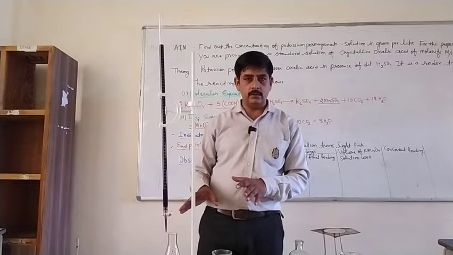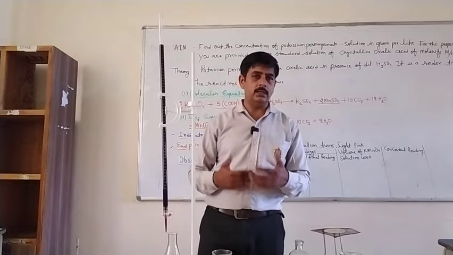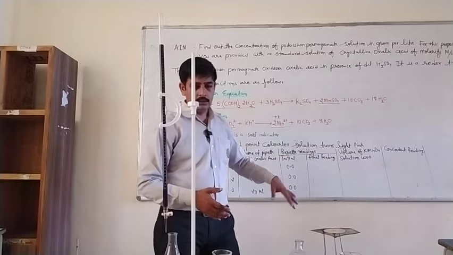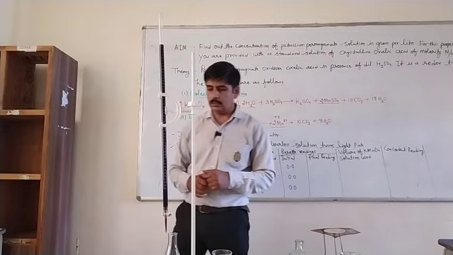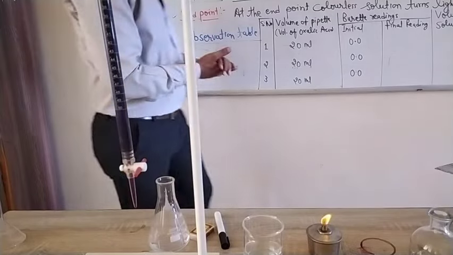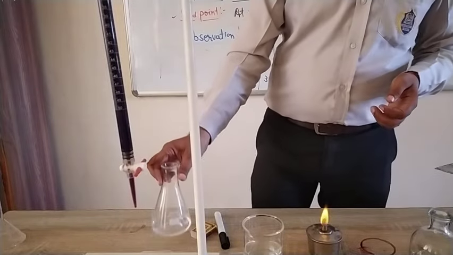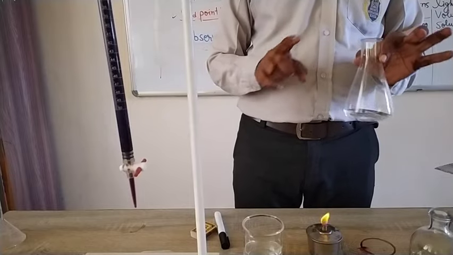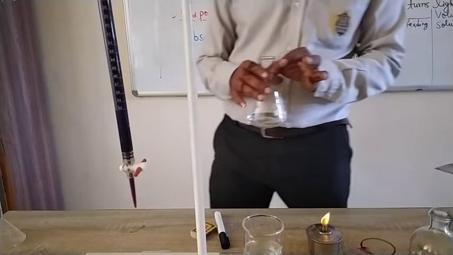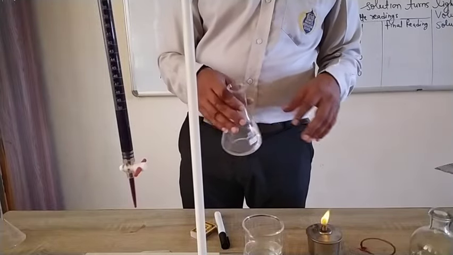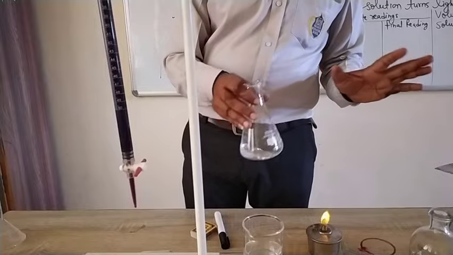Now we are taking the reading, 3 readings one by one, and then we will record these readings in this table. Let me fix the camera close to it so you can easily see. As we have already taken 20 ml oxalic acid and sulfuric acid into it, now we will add KMnO4 drop by drop, and simultaneously maintain the temperature by heating it.